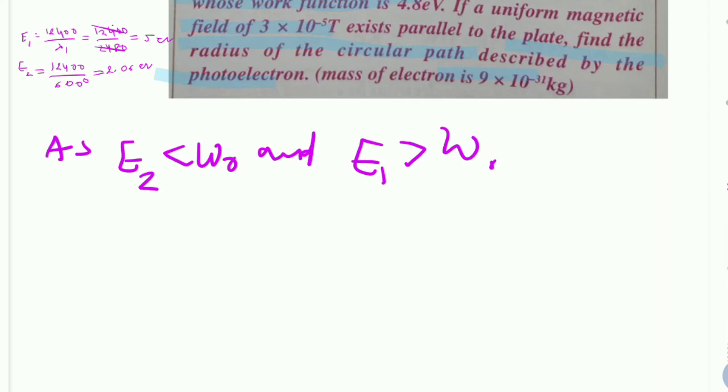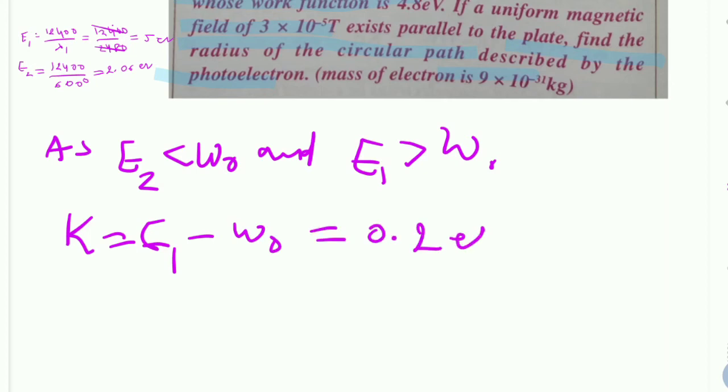Maximum kinetic energy of emitted photoelectrons K is equal to E1 minus work function, which is equal to 0.2 electron volts.